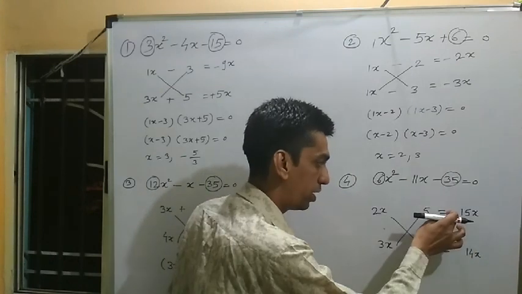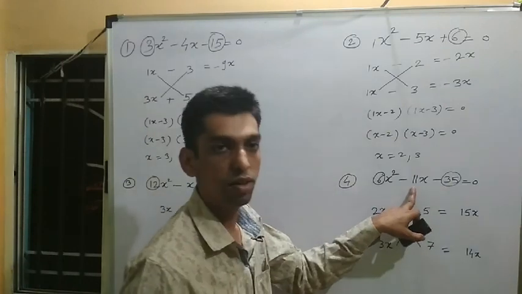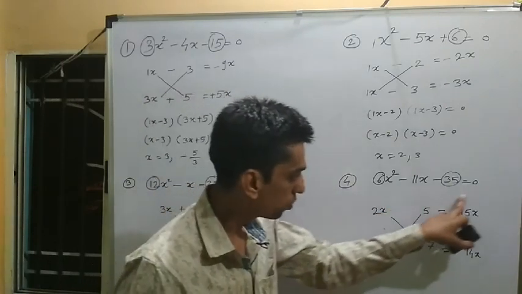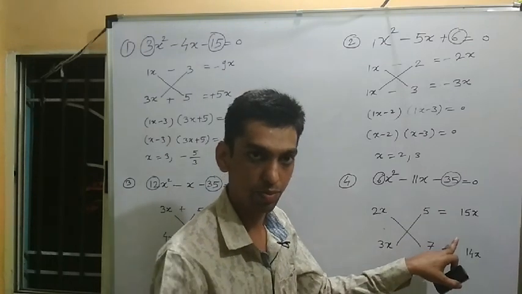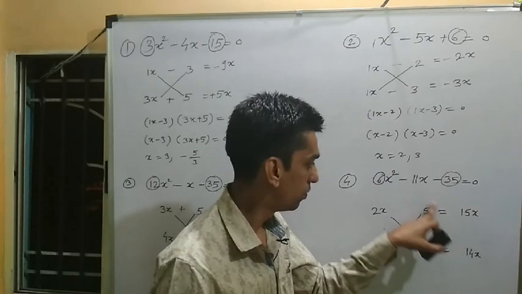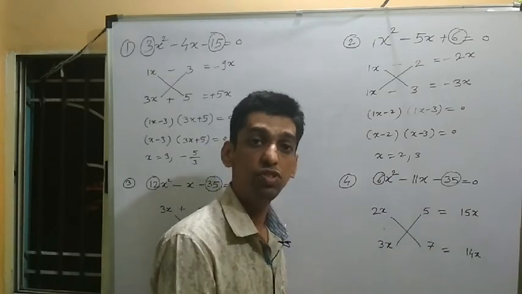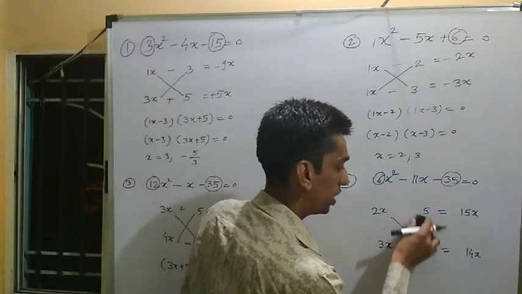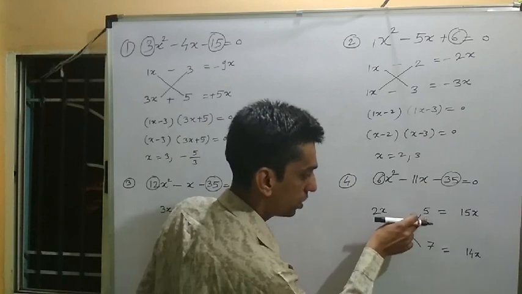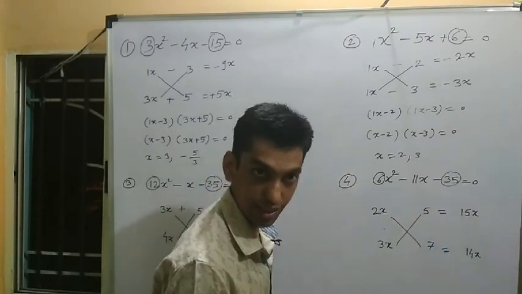If we take a minus sign of this term or a plus sign of this term, again we will not get minus 11x. If we apply all combinations, plus minus, minus plus, minus minus, we will not get minus 11x. If this type of situation arises, what we will do is switch over these two numbers.